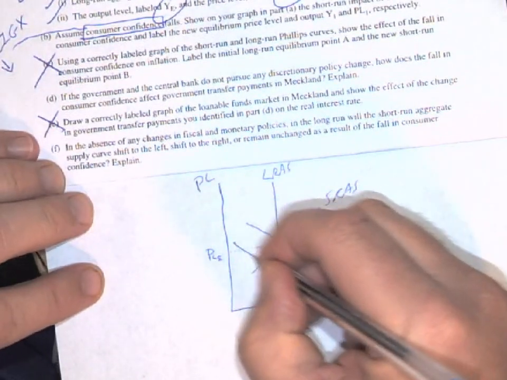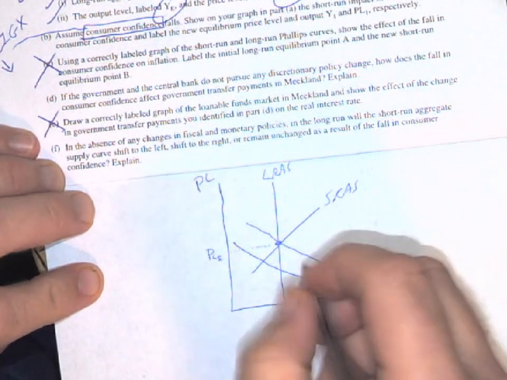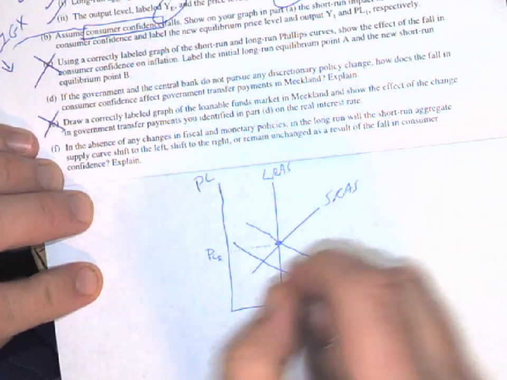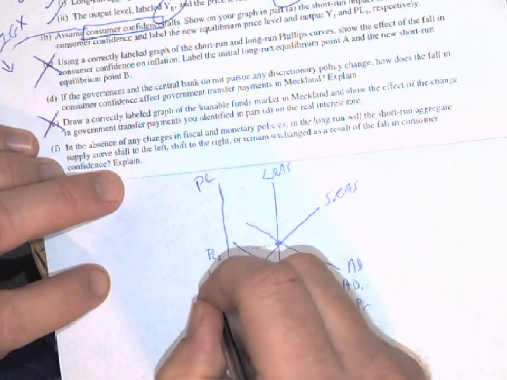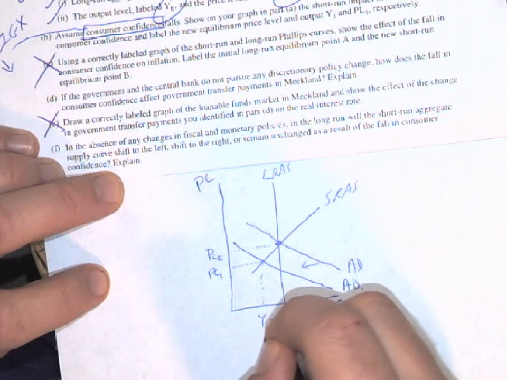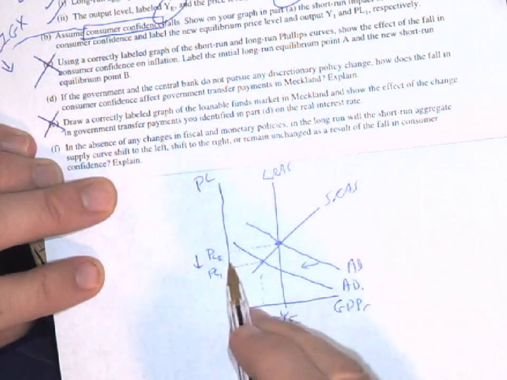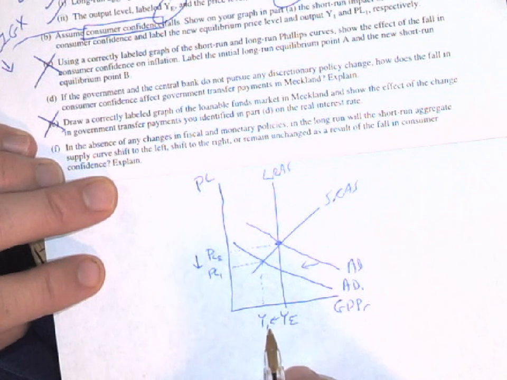So I know aggregate demand is going to shift to the left. And I'm going to show my arrow for that change, and they want that labeled as PL1 and Y1. So I'm showing price level drop, aggregate demand shift to the left, and our full employment output is no longer at full run or potential GDP.